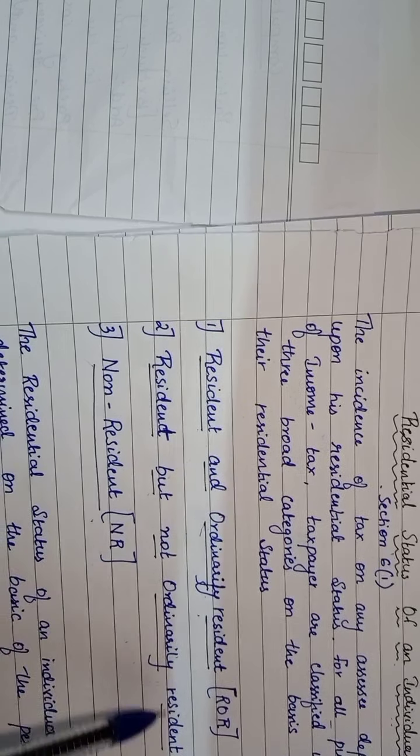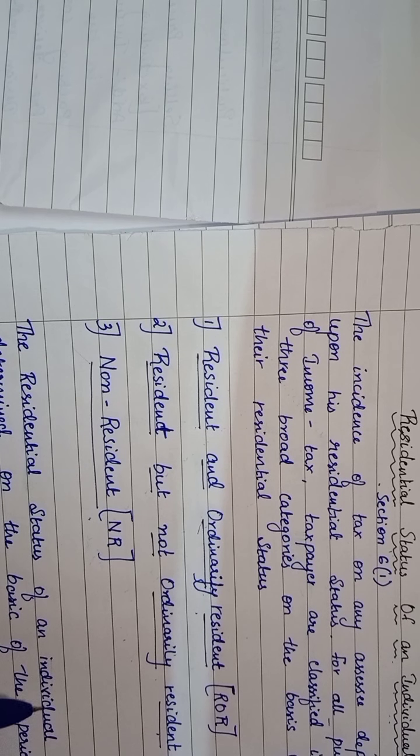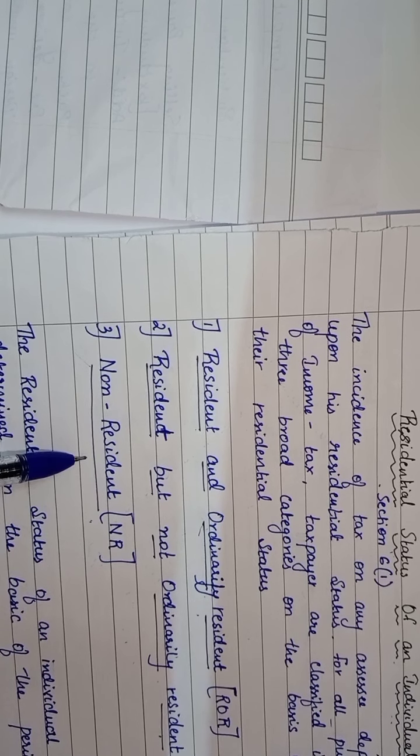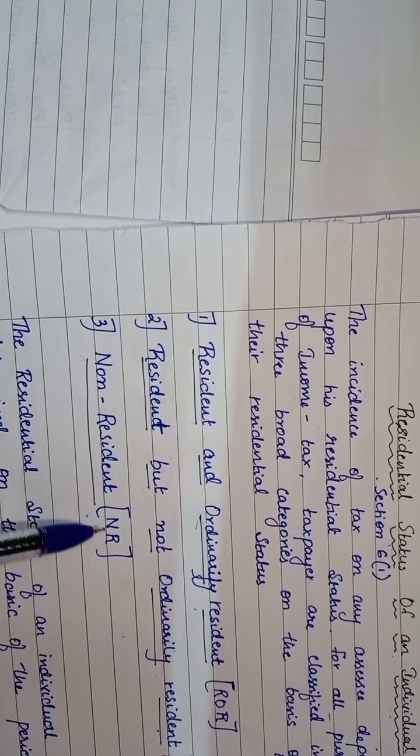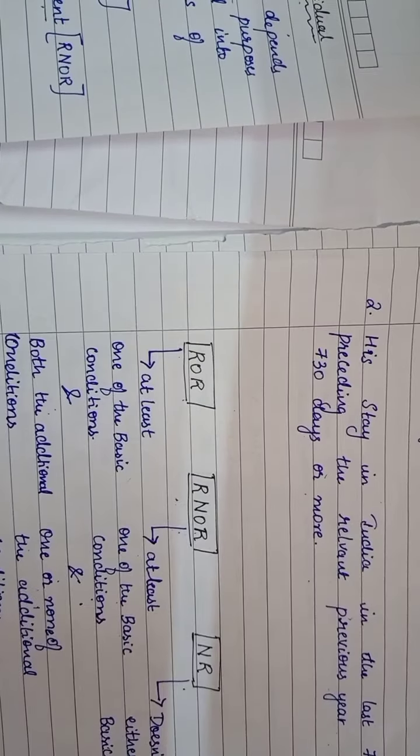And if he satisfies only one of the additional conditions, then he is called a resident but not ordinarily resident. Suppose he does not satisfy any of the basic conditions, then he is called a non-resident. I'll repeat it again.